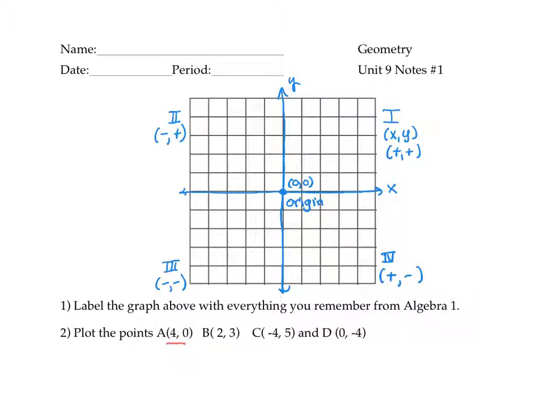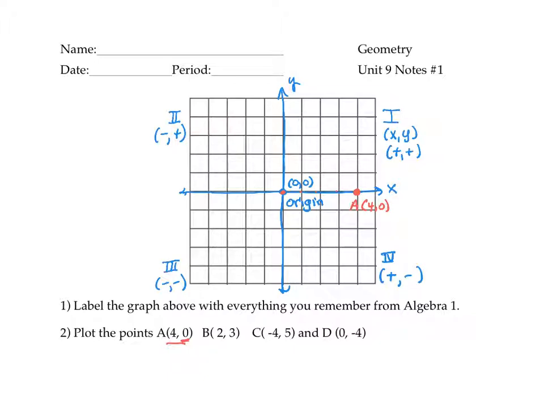So for the point A, and this is number 2, point A is at 4, 0. So you want to start at the origin and count 4 units to the right for x. 1, 2, 3, 4. And this tells us to use 0 for y, so we're not going up or down, or above or below the x-axis at all. So label it with a point A, and you can even put the coordinates of the point after that.